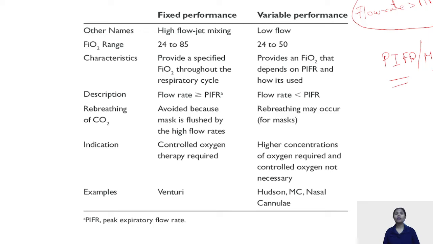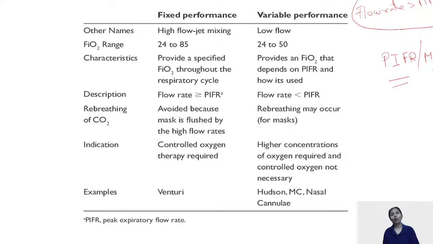So the patient's requirement is being fulfilled by that device itself, and the patient need not entrain air from outside in order to maintain its peak inspiratory flow rate. And thus, the device is able to provide a fixed FiO2 of its own.